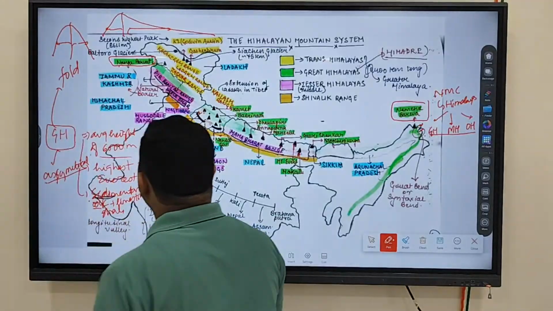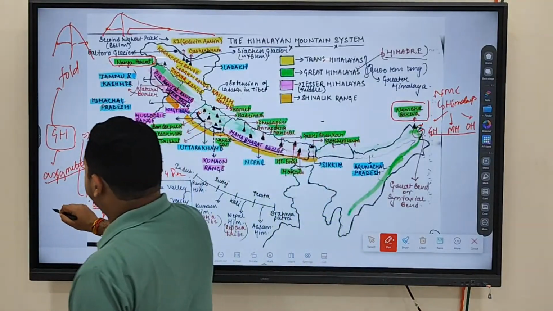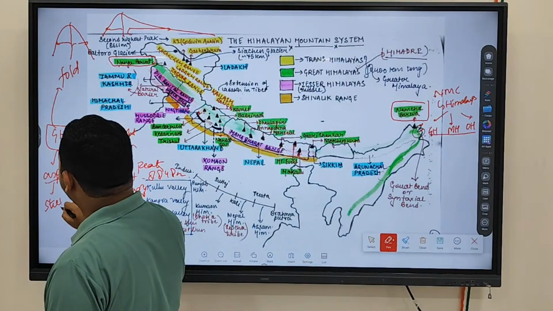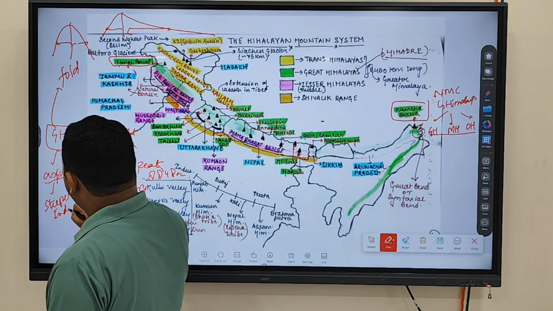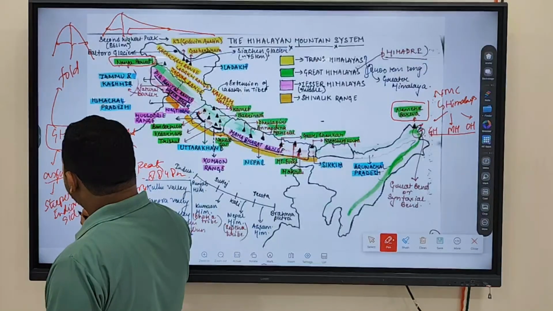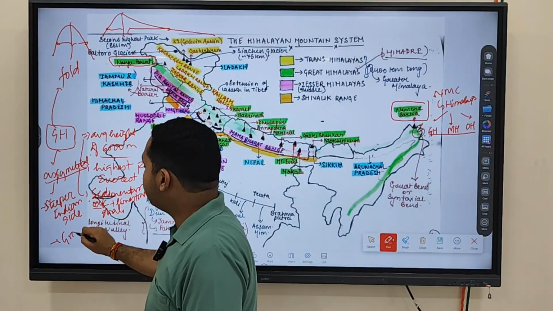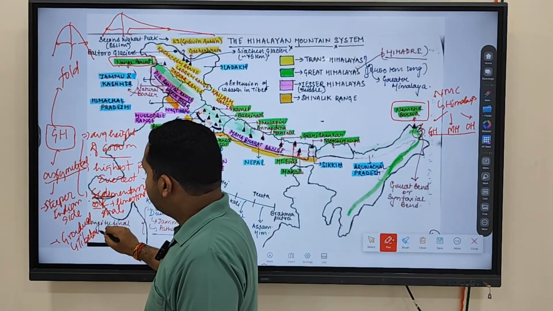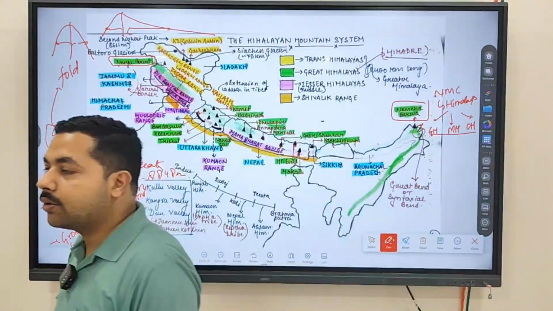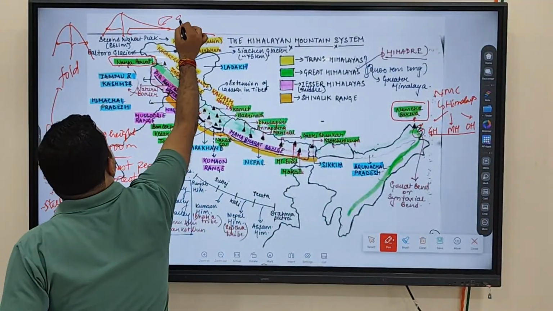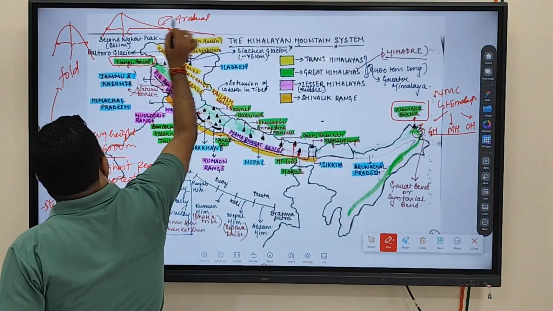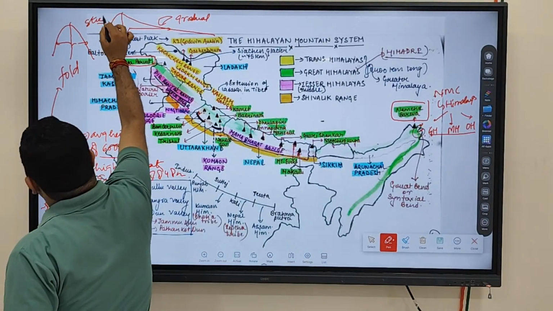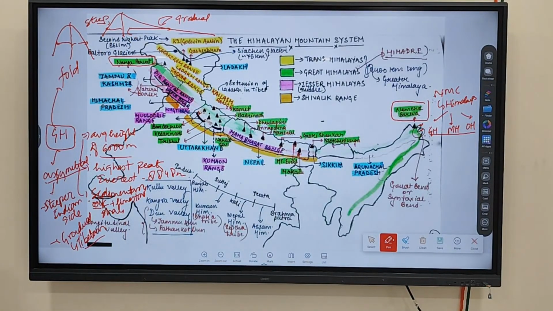That's why Himalayas are steeper on the Indian side, and they are gradual on the Tibetan side or China side. So this part is a gradual slope, while this part is a steep slope. On the Indian side you will find steep slopes, on the Chinese side gradual slopes, due to the asymmetrical type of folding. Clear?